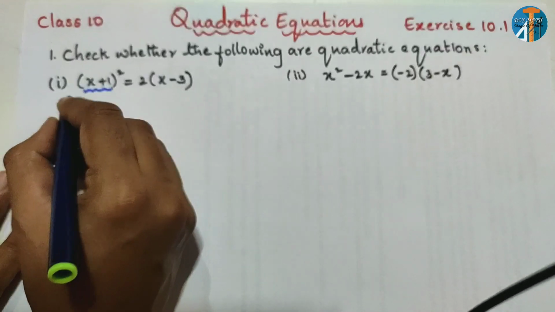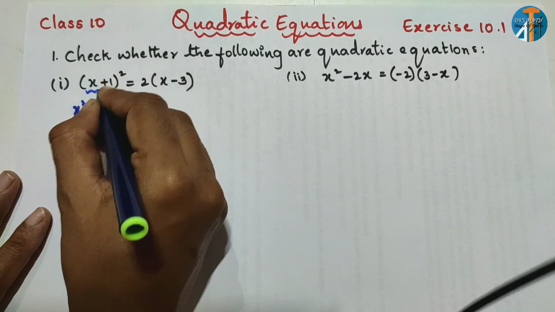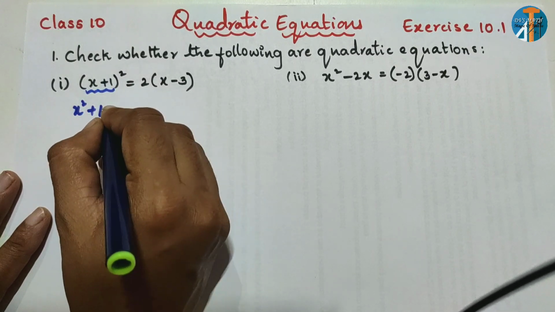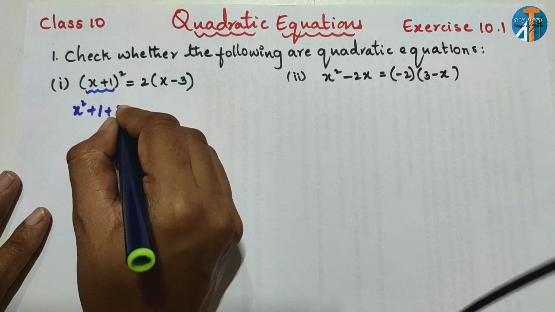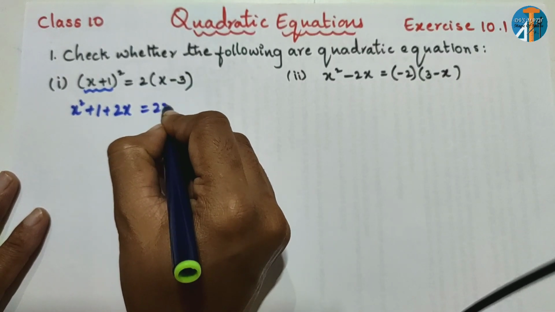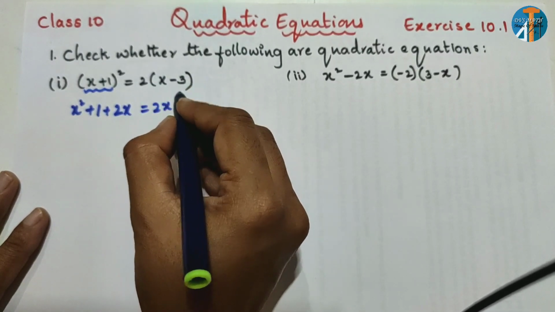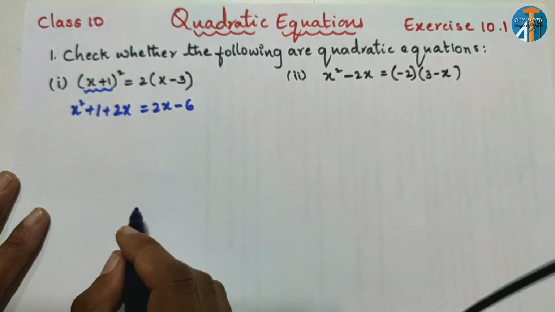So if I write like this, a square means x square, b square means 1 square, it is 1, plus 2ab, a is x, b is 1, so 2x, is equal to, multiply this, 2 into x is 2x, 2 into minus 3 is minus 6, 2 threes are 6, plus into minus is minus.